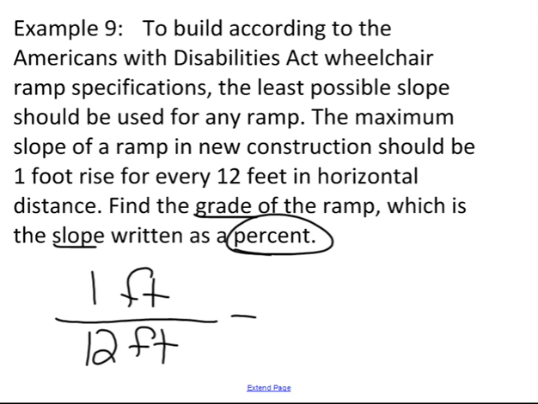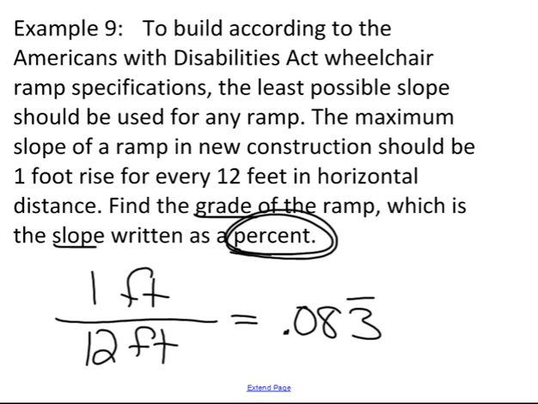So we have to take this 1 foot over 12 feet, and we have to figure out what that is as a percent. So you guys know if you have to convert a fraction to a percent, first thing you have to do is convert it to a decimal. And you do that by taking the top number divided by the bottom number. So we take 1 and divide it by 12, and that gives us 0.083 repeating.